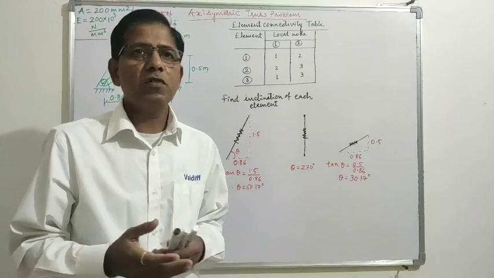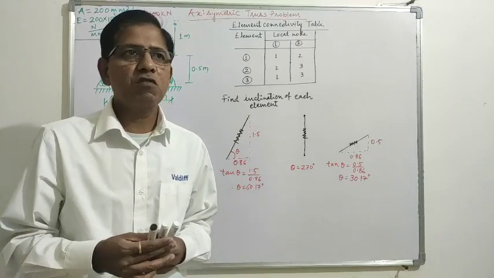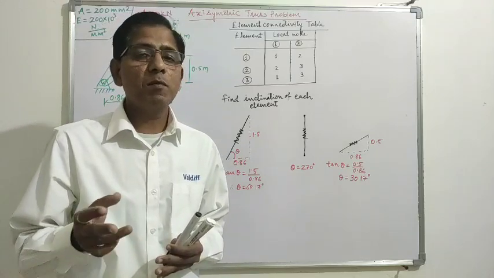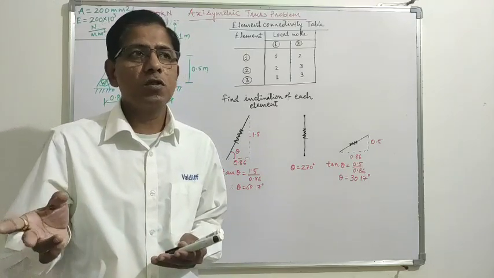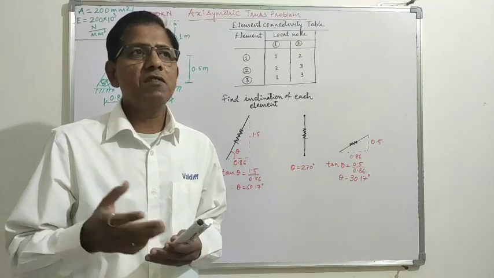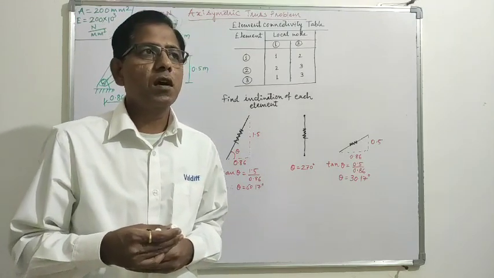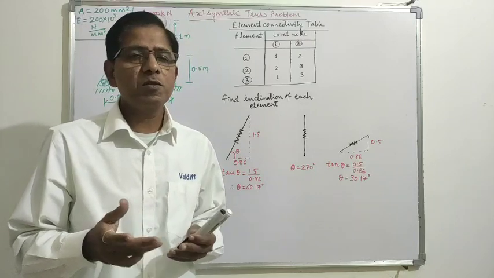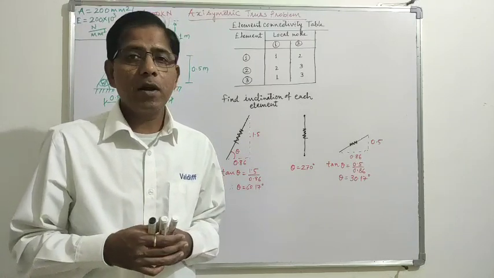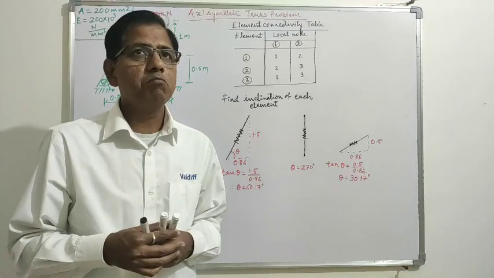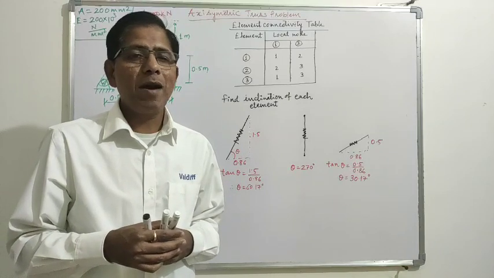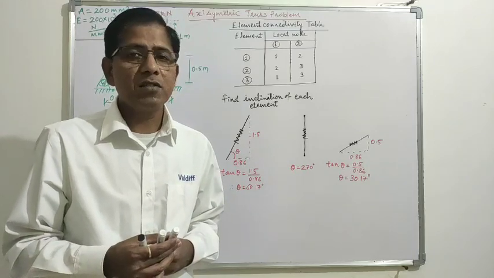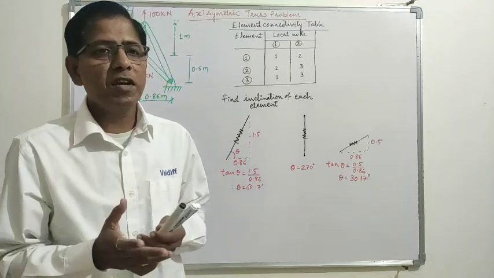We know that the size of the global stiffness matrix in case of truss is 2 times number of nodes by 2 times number of nodes. So imagine if there are 5 nodes in a truss problem, then the size of the global stiffness matrix would be 10 by 10, and doing hand calculations on a 10 by 10 matrix sometimes becomes very difficult.